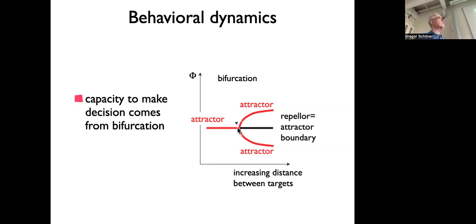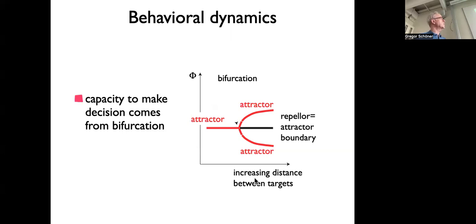And then the instability turns out to be a pitchfork, in this case a symmetrical bifurcation where the attractor splits into two attractors and leaves a repeller behind. There's always two variants, the supercritical and the subcritical. You can also have that bifurcation where the red and the blue are swapped, which is relevant for obstacle avoidance. But here for targets, it would be the classical pitchfork bifurcation, right?